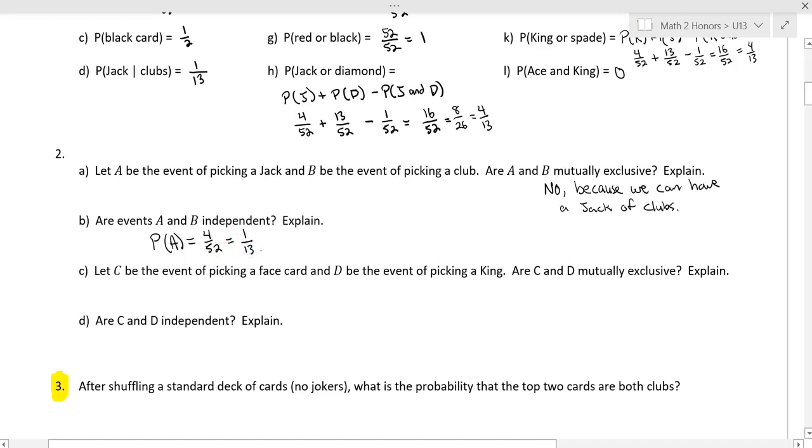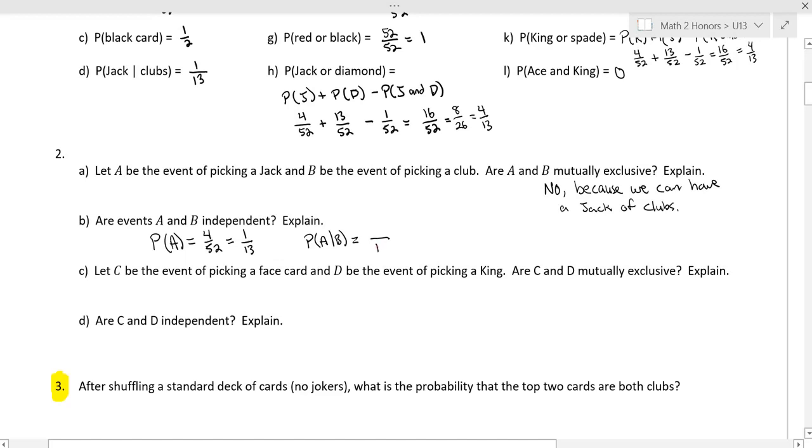So if they're independent, it shouldn't matter. The probability of A should not change if B happened. So let's now consider the probability of A happening given that B already happened. B is the event of picking a club. So we picked a club, so now we're just considering all the clubs.